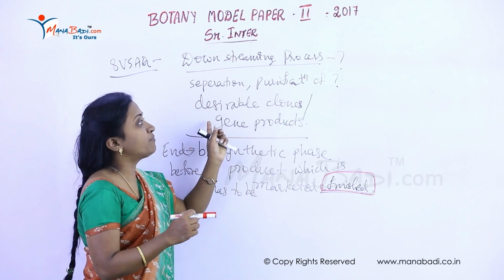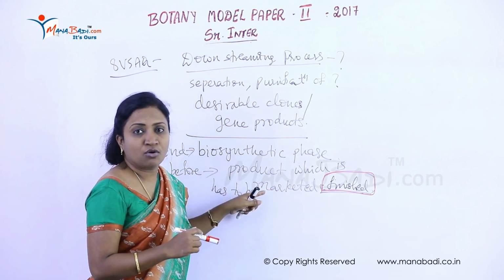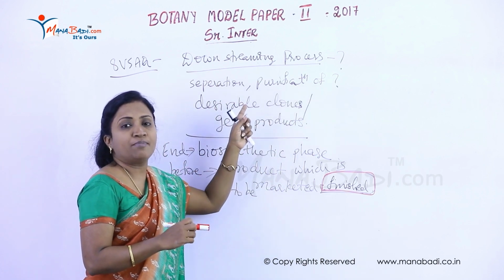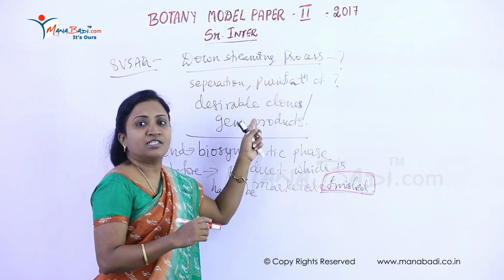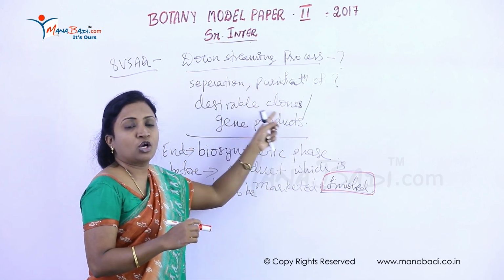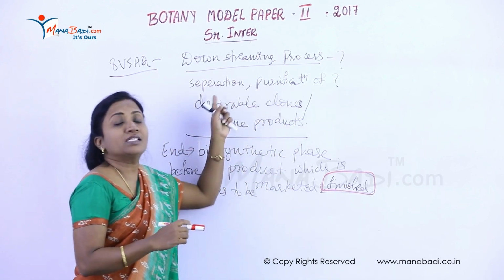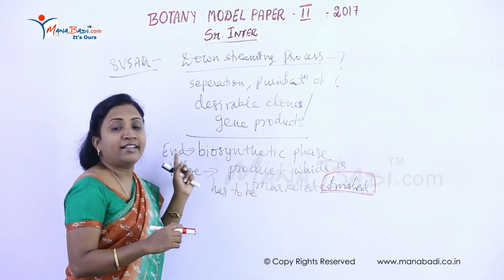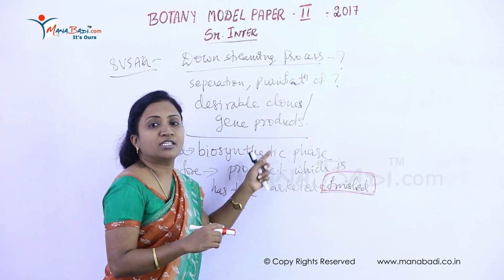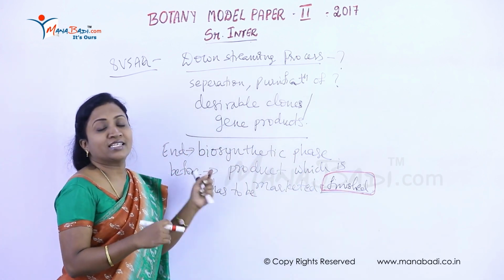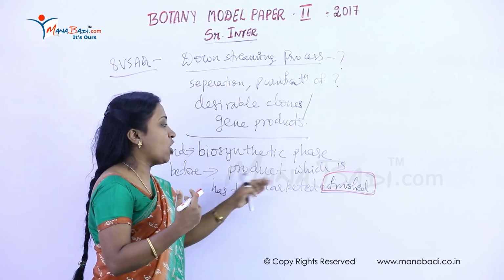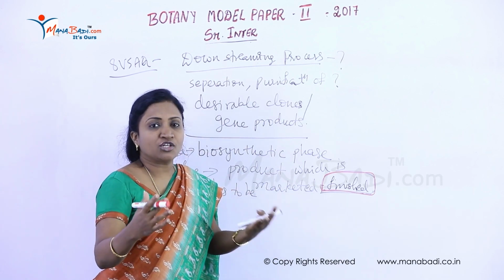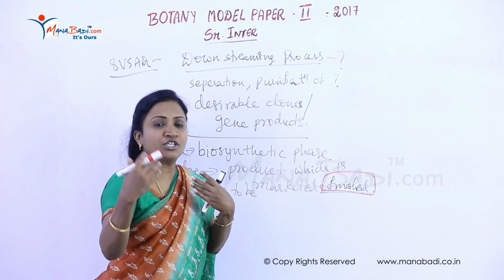So the downstreaming process is the process of separation and purification of desirable clones and gene products. It is usually done at the end of the biosynthetic phase, just before the product is released into the market as a finished, or furnished, product.